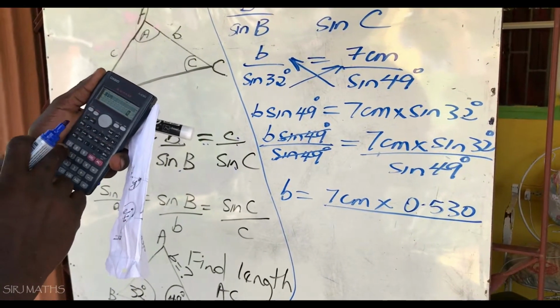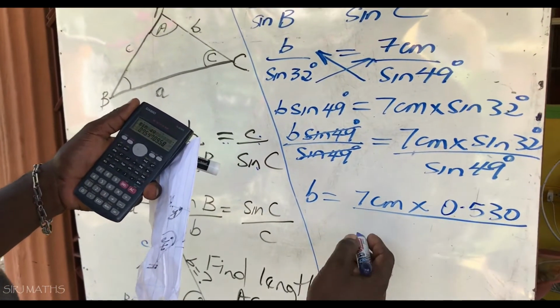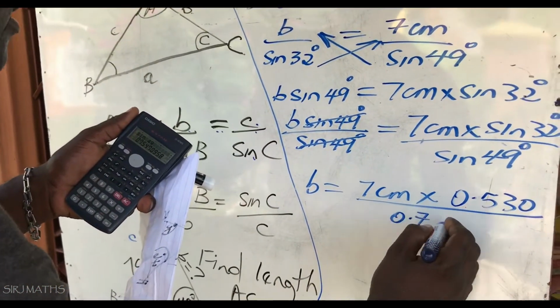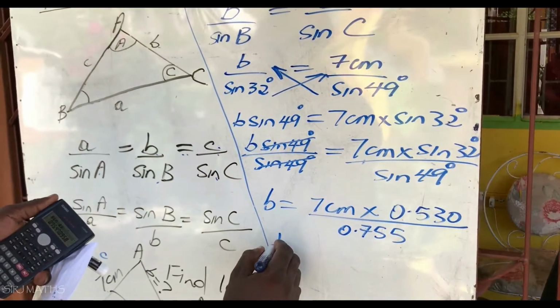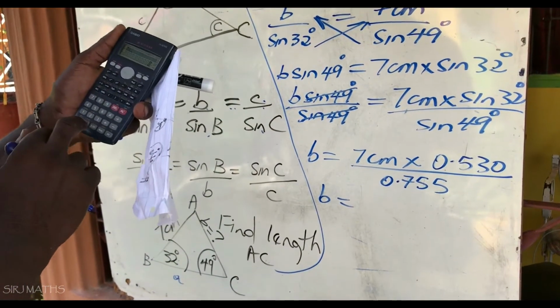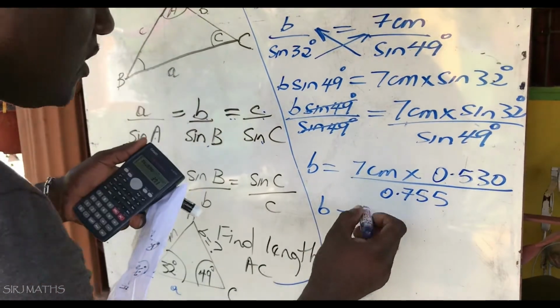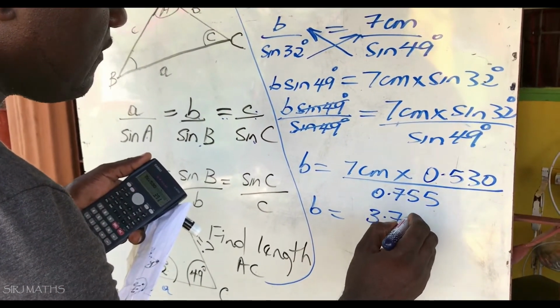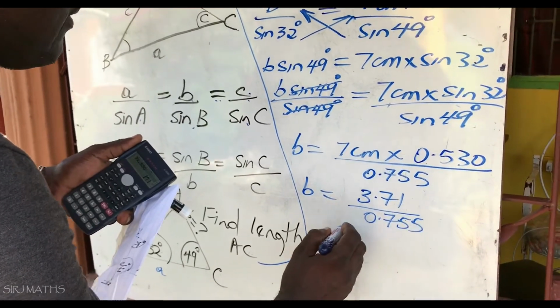That's sine 49 degrees equals, correct to 3 decimal places, 0.755. So now side b equals, I have 7 times 0.530, I write equals, that's 3.71.